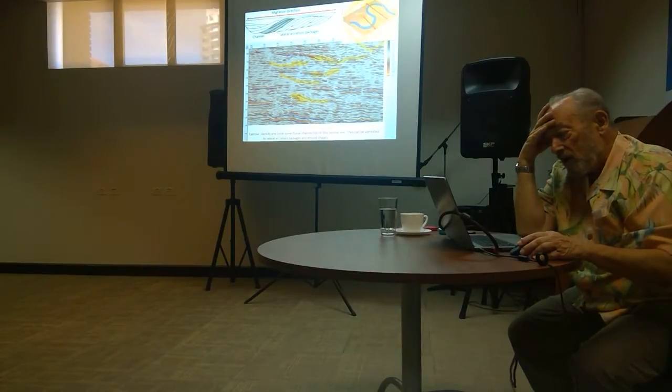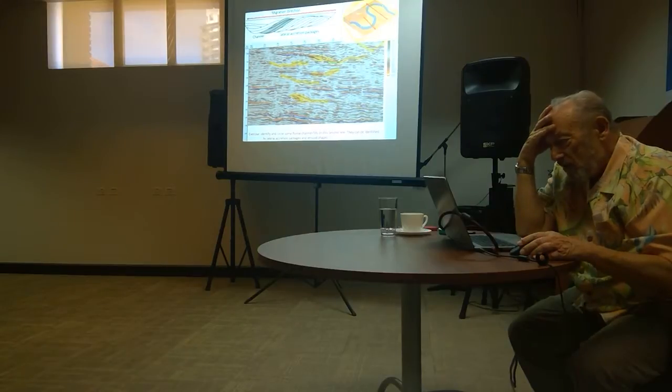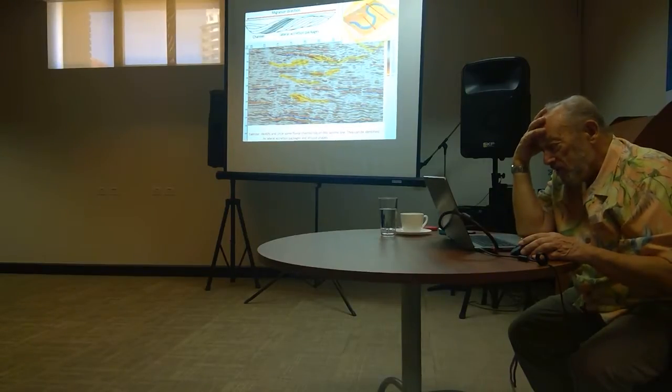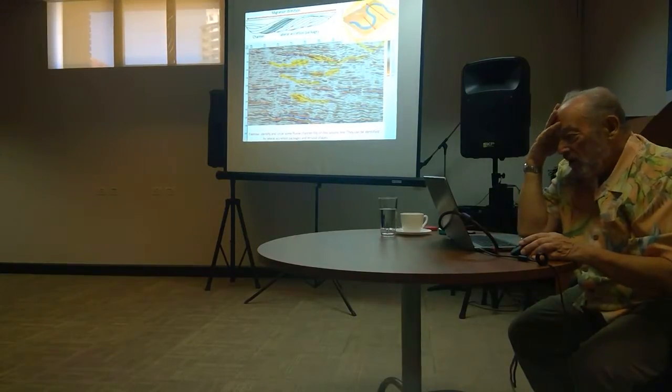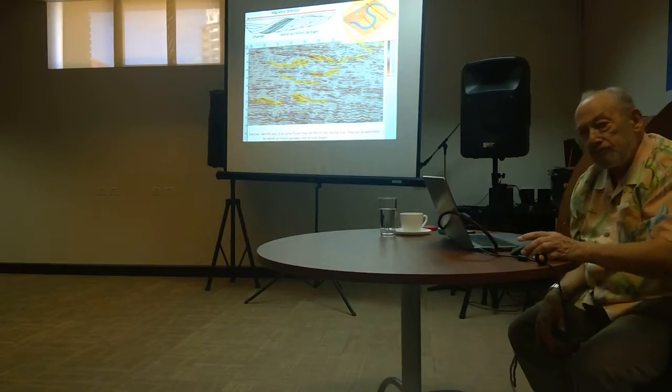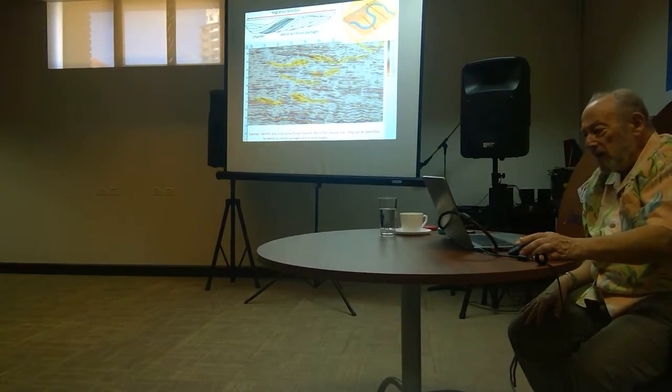The channel's kind of hard to see, but the lateral accretion packages are very easy to see. And we could sit here and find some more, but that's enough. I think you get the point. Here's another one here, lateral accretion there with the channel next to it, and so on.